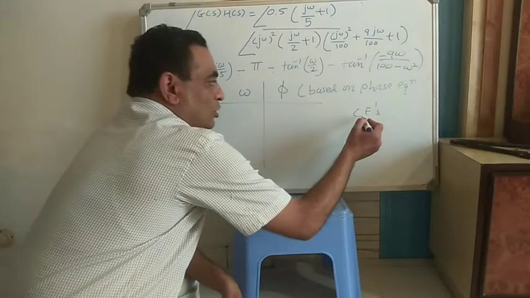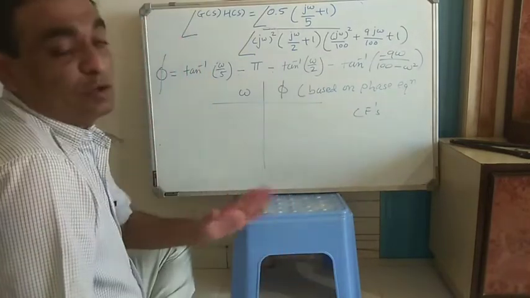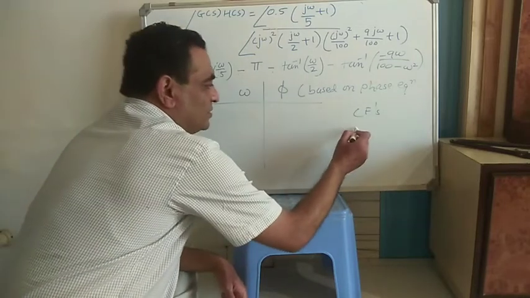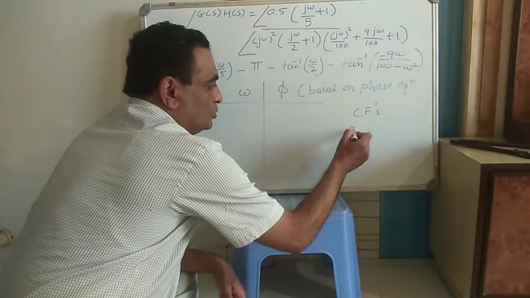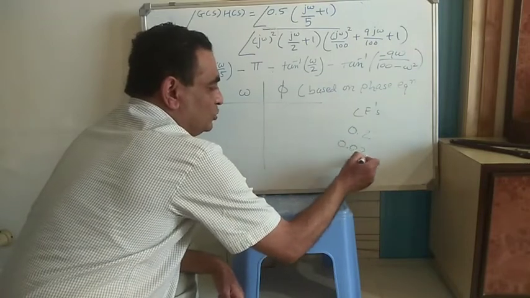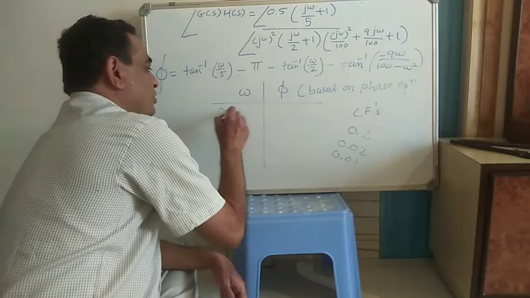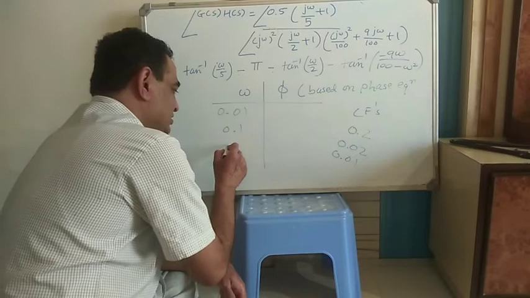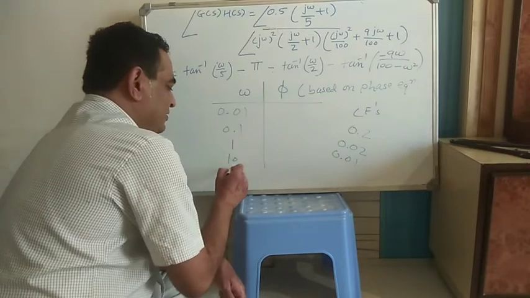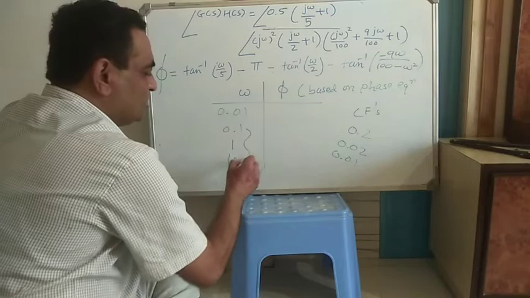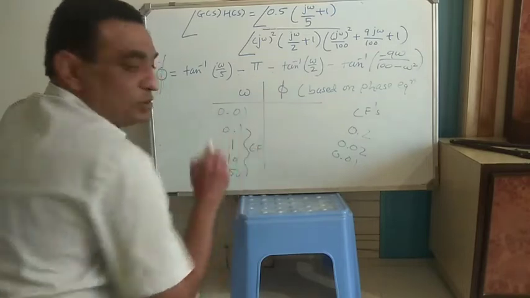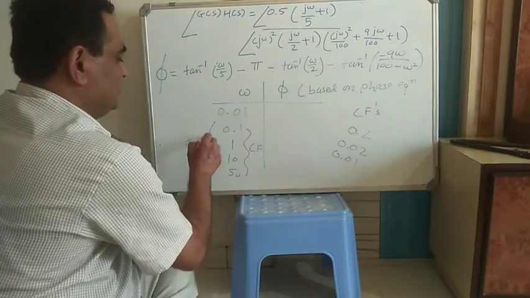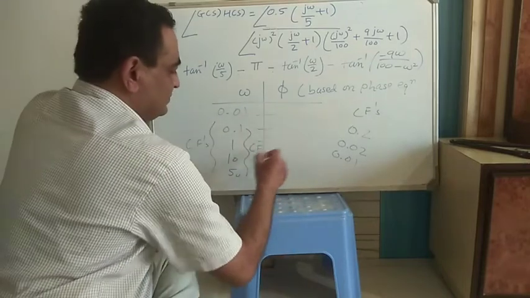Let's say the corner frequency is 0.2, one decade behind is 0.02, so you select 0.01. Then you can select 0.1, 1, 10, 50, anything. But there should be the corner frequencies also. So include all your corner frequencies here and find the necessary phase.